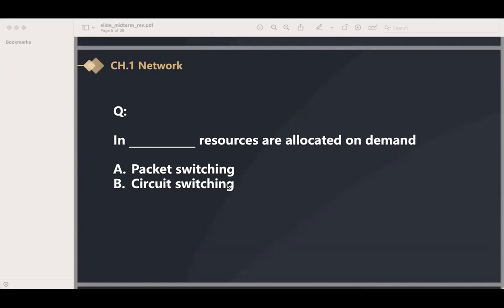Any idea what is the difference between packet switching and circuit switching? You can try to refer to your slides.